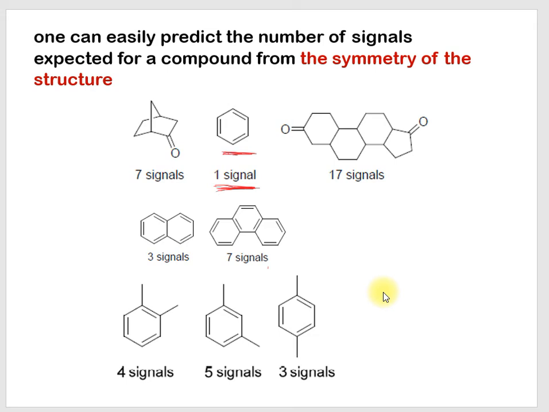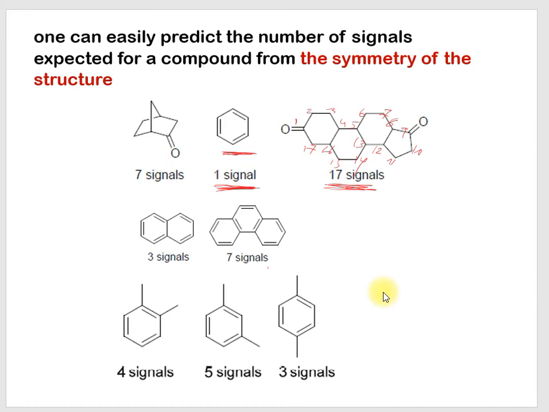But here you have 17 signals. If you count the number of carbons, 1 2 3 4 5 6 7 8 9 10 11 12 13 14 15 16 17, that means there is no symmetry at all.